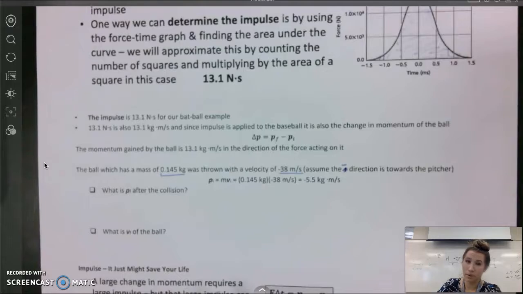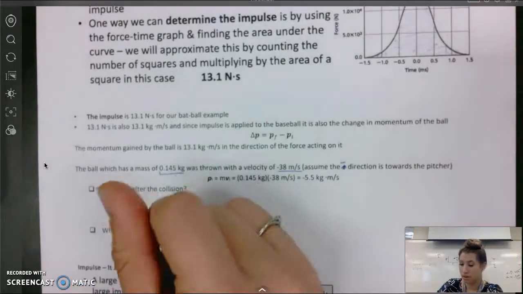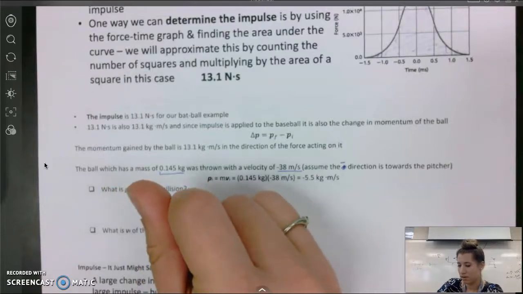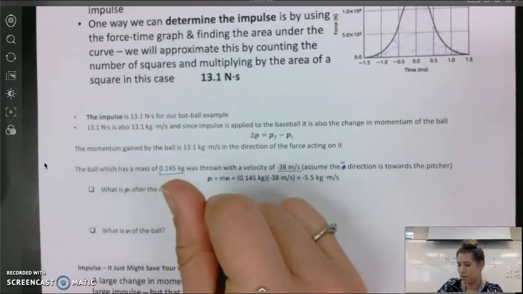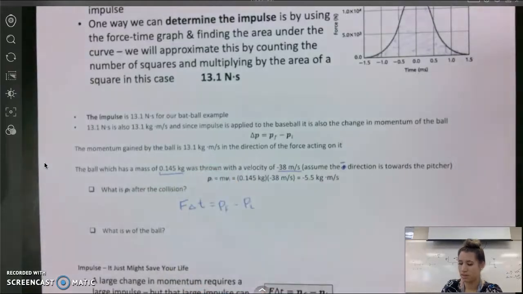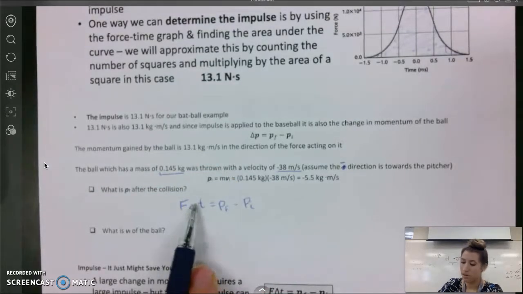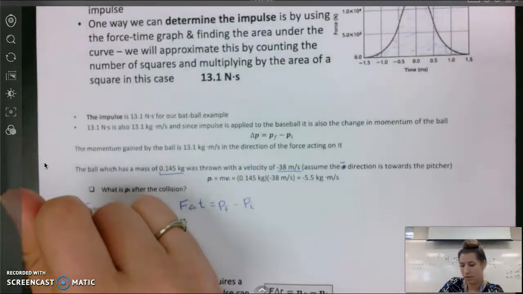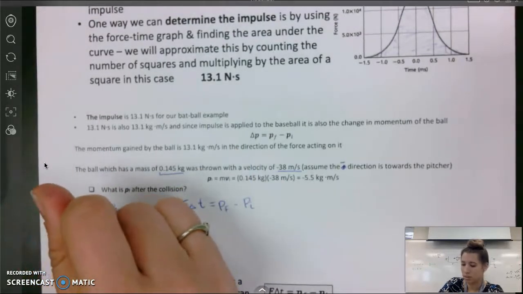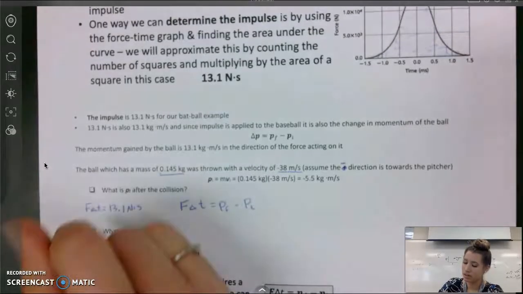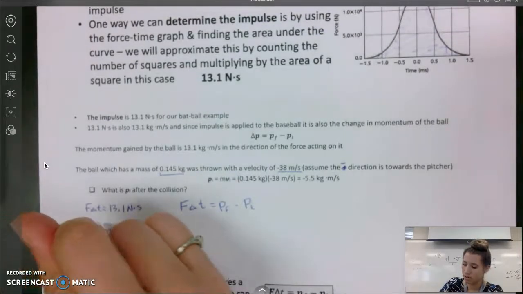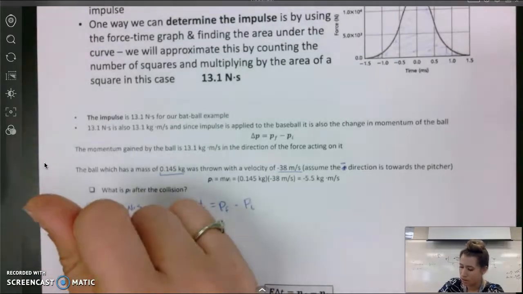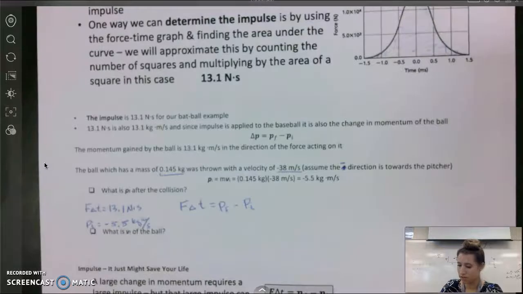Well, we have that impulse-momentum theorem, right? So that force applied over a period of time is equal to momentum final minus momentum initial. And this is impulse. And we've already calculated that for this situation. We have this force times delta t is equal to 13.1 Newton seconds, and the momentum initial is equal to negative 5.5 kilogram meters per second.